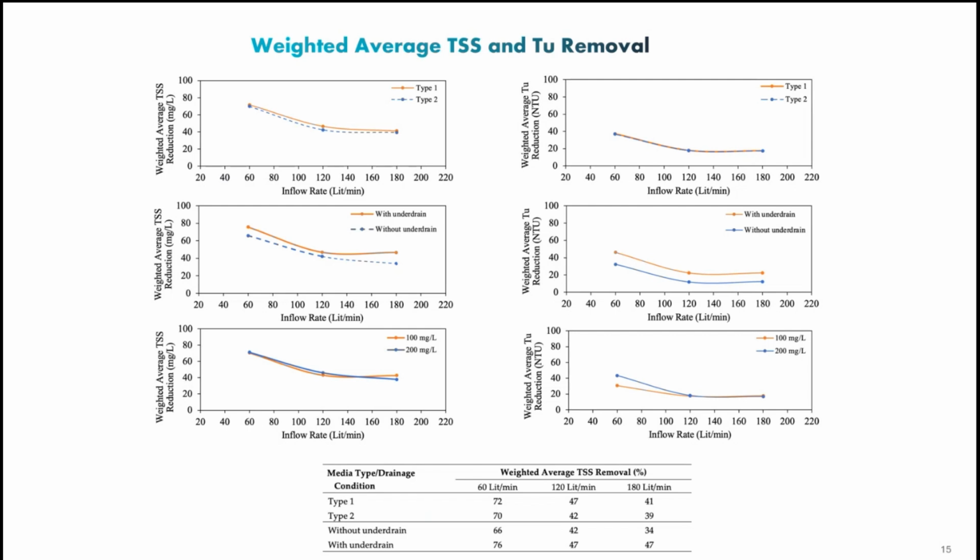As you can see, with the increase in flow rate, the system was less efficient in removing the sediment, from 80% all the way to 40%. When you have 60 liters per minute, we have 80% removal, which is very close to what is required by EPA for TSS removal before sending water to US water. But when you're dealing with the high flow, a 10-year flood coming to the system, it is not as effective as the low flow condition.